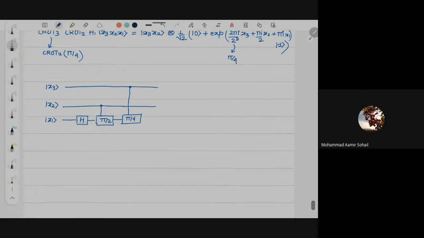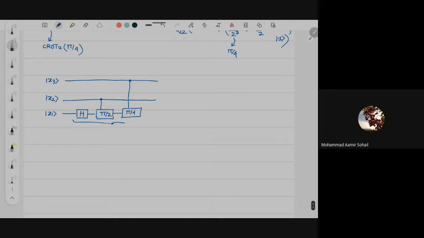So this is the first block for the QFT. Similarly, the second block we can apply: the H, then there will be the control rotation, and that control rotation will be of angle pi by 2, which we can easily derive.